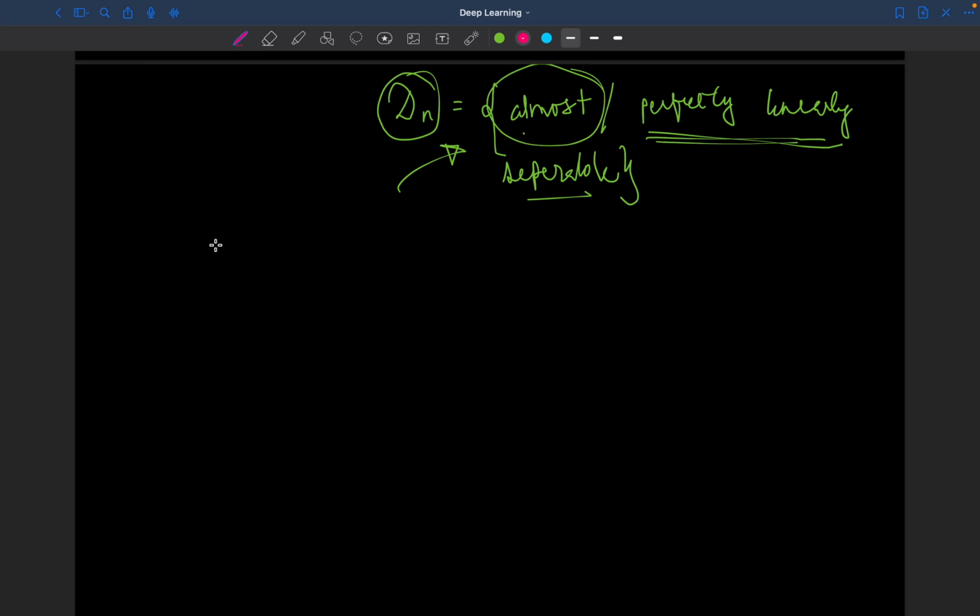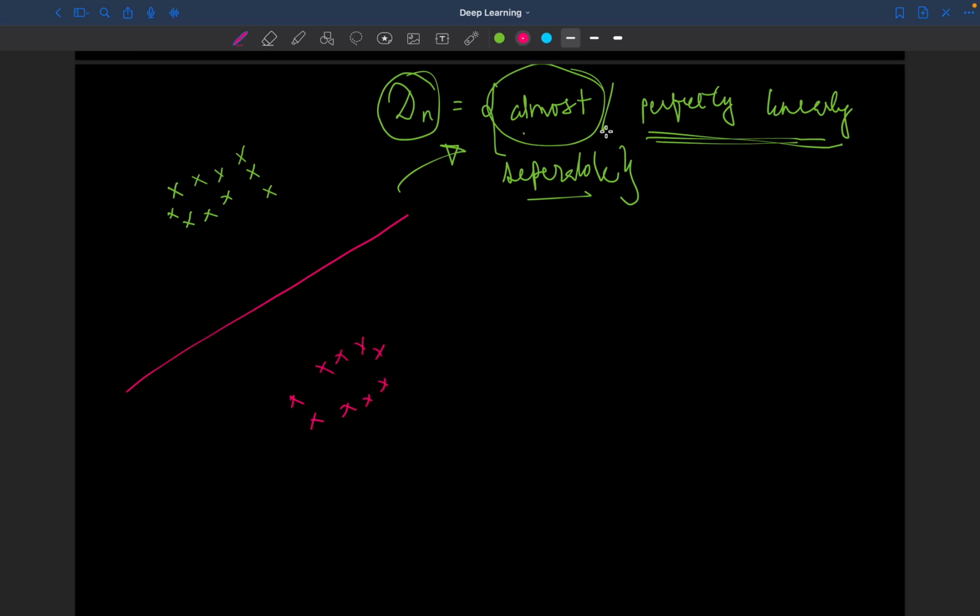Let me just redo the diagram once again. This is a line. These are the positive points in green, and the negative points in red.